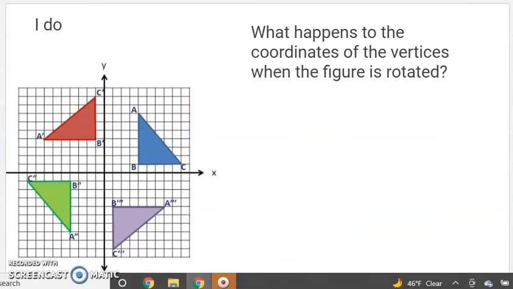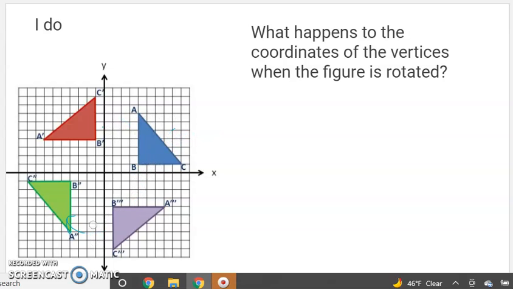All right, so this one's already been rotated all of the places. So this original triangle is the one here in blue. It's been rotated 90 degrees that way, and 90 degrees that way, and 180 degrees. So I want to talk today about coordinates. Here's what I'm going to do.